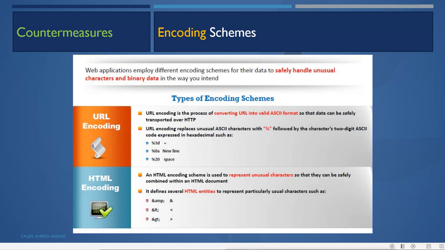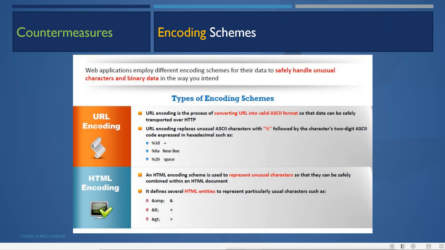Now next is countermeasures. We know those methodologies and the tools an attacker uses. Now we want to know how we can implement countermeasures and secure our application and our server. For countermeasures, first we have encoding schemes. Web applications employ different encoding schemes for their data to safely handle unusual characters and binary data in the way you intend.